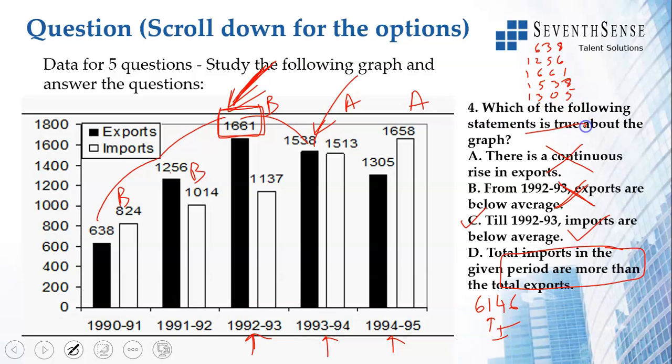If I add this, I get 6198. So exports are more than imports. This is also false. Answer will be option C.